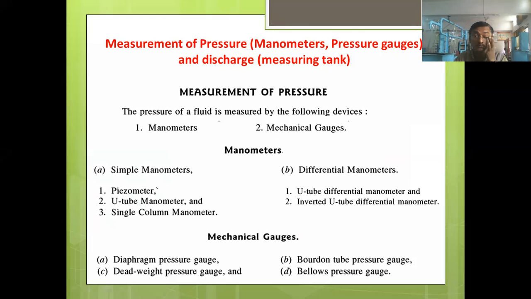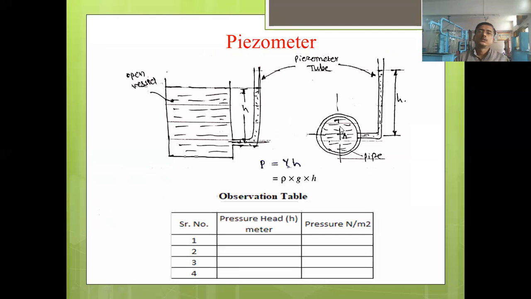Is it over? Then write the title: Piezometer. Then write the observation table.